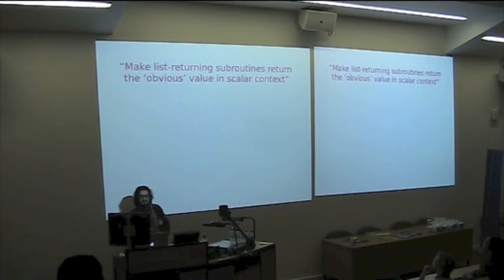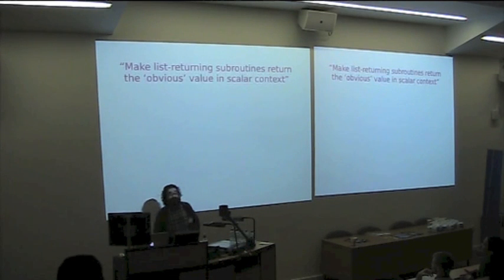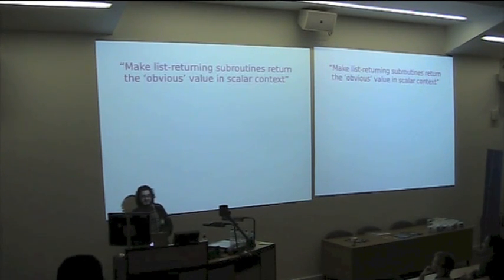So the first thing is this. He says, make list returning subroutines return the obvious value in scalar context. And Damian then goes into some detail about how to decide what the obvious return value is. And he makes the good point that you could ask potential users of your code what they'd expect. And he has some specific advice for what to do if you don't have a ready-made community of people to ask. But for me, I just don't see how this helps.